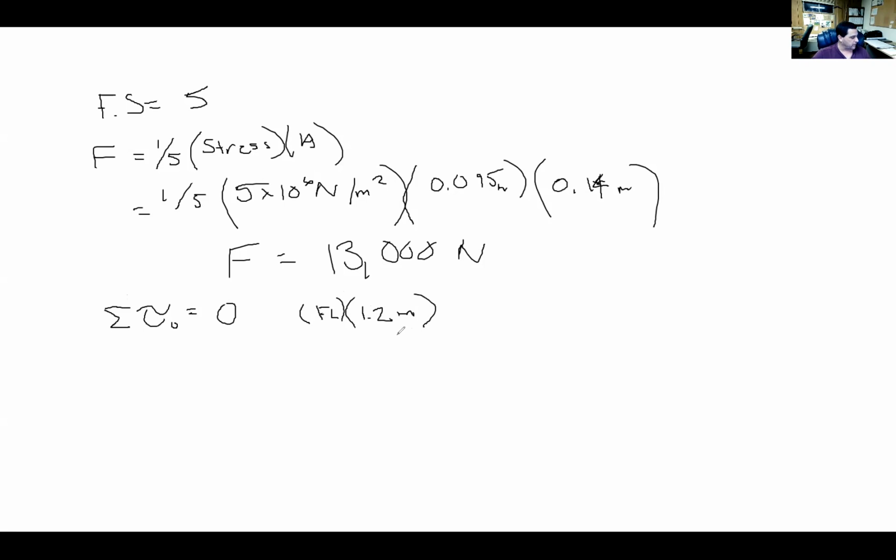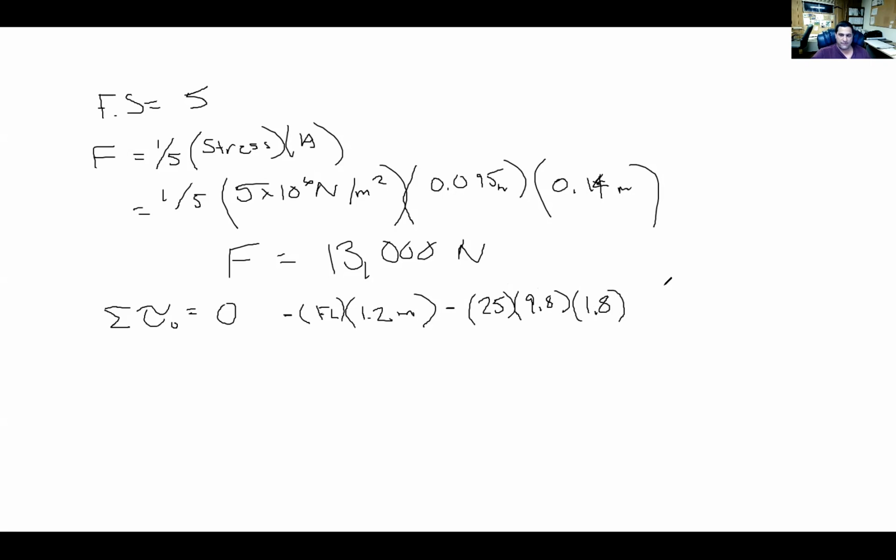But that's going to create a clockwise rotation, so this has to be negative. Then I have the weight of the beam itself, the 25 kilograms times my 9.8, and that is halfway across, which is 1.8. That is also going to create a clockwise rotation, so this is negative.